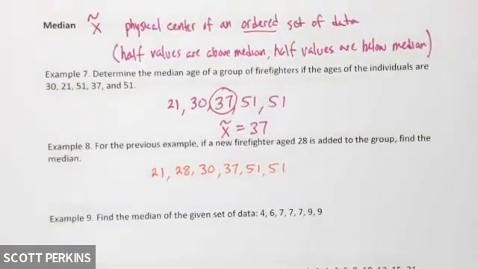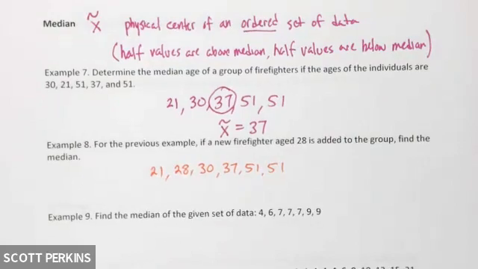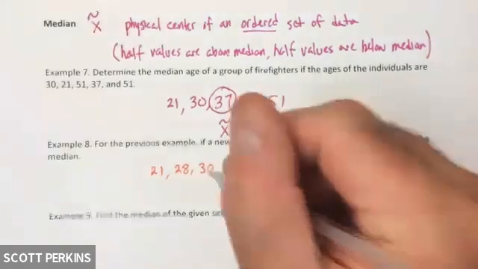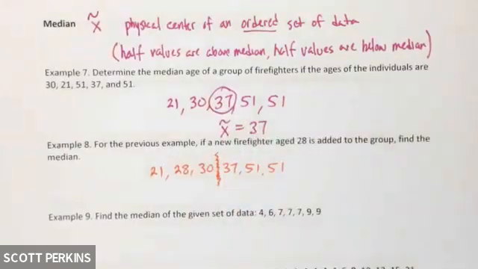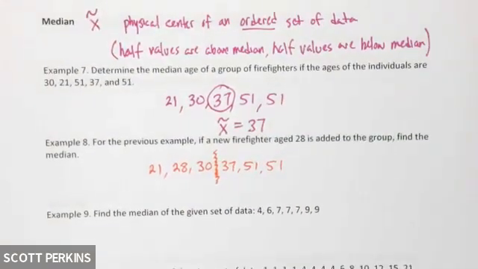Now I have 6 firefighters. I'll tell you how to find the value in a minute, but now it's not going to be a value in the data set, it's going to be a position. Between what values would I have the same number of data points above and below? This time the median is going to be between those two values.